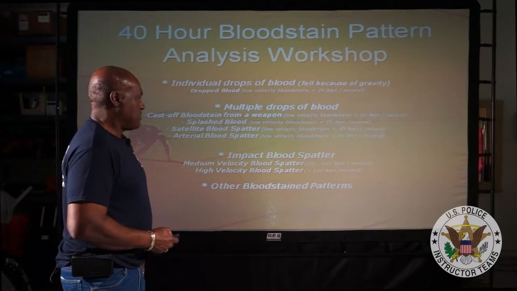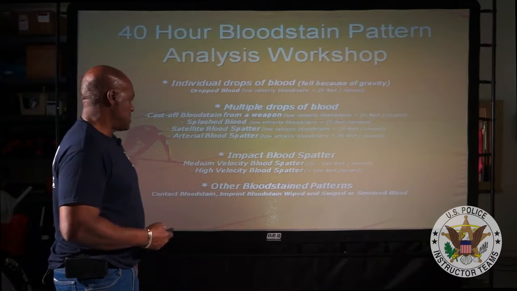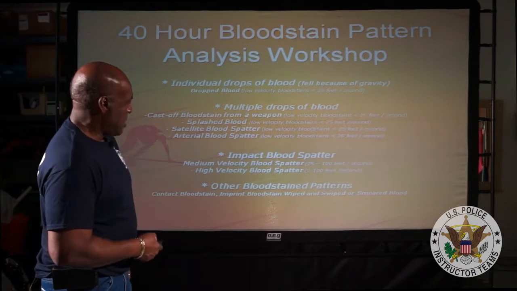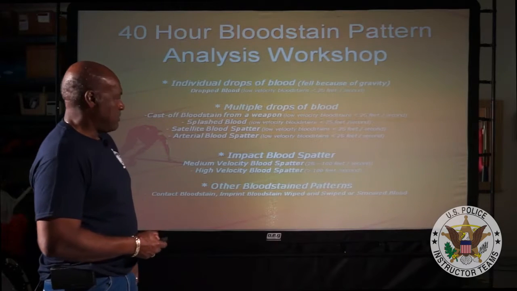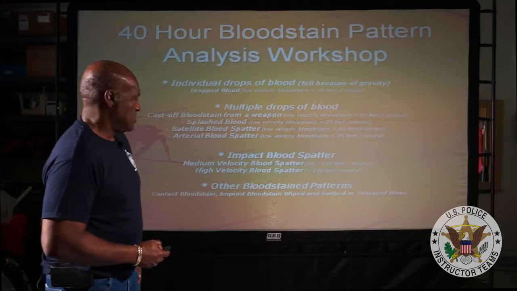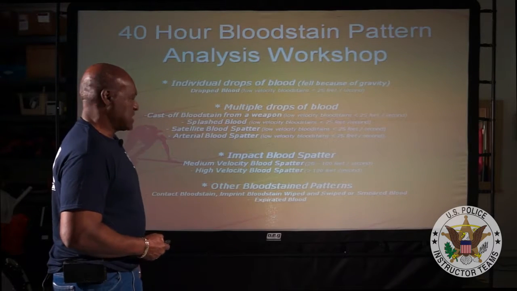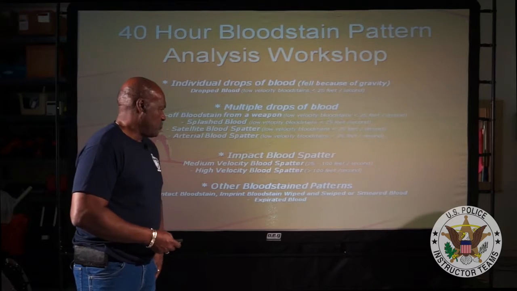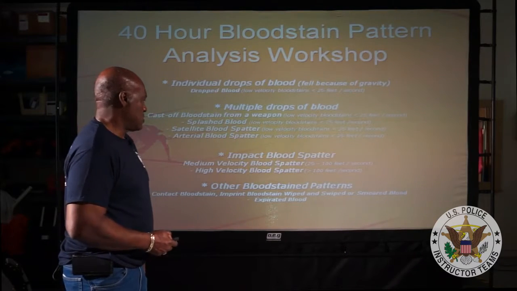And then we have other types of patterns, which would include contact blood stains, imprint. An imprint is a contact stain with identifiable details, wipe and swipe blood stains or smeared blood stains. And then we have expirated blood. Somebody is breathing and still getting blood out the mouth or the nostril.